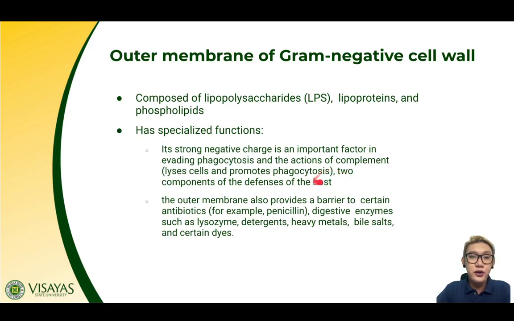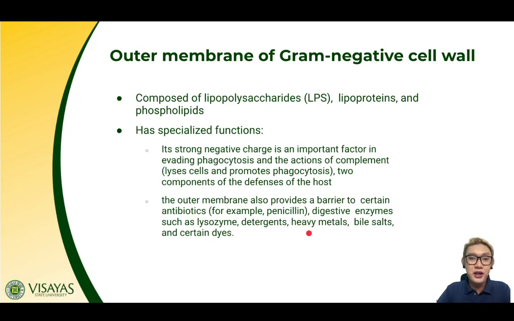So in order to evade that, the gram-negative cell wall has an outer membrane that could help the cell survive the action of complement. The outer membrane also provides a barrier to certain antibiotics like penicillin. Penicillin actually targets the peptidoglycan layer. So with a barrier, the penicillin could not really penetrate into the peptidoglycan layer of the gram-negative bacterial cell.